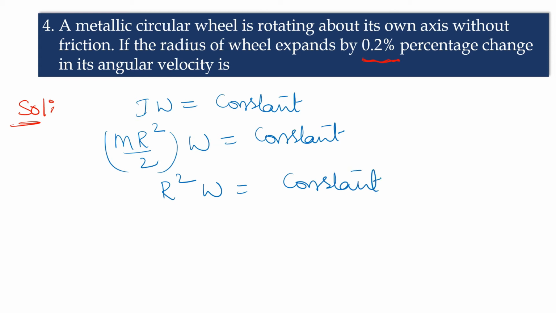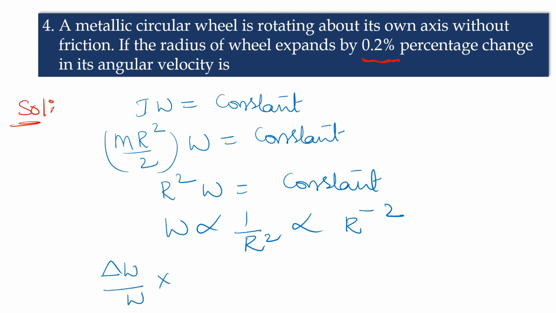So omega is proportional to 1 by r square, proportional to r to the power of minus 2. So the percentage change in its angular velocity, delta omega by omega into 100, is equals to minus 2 of delta r by r into 100.